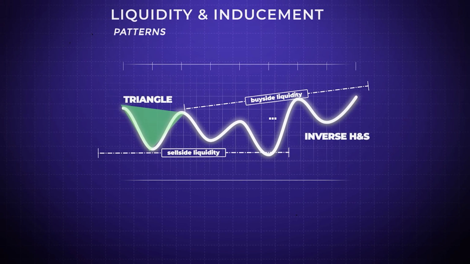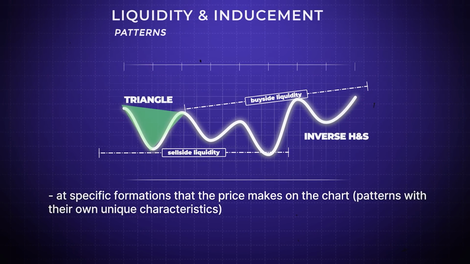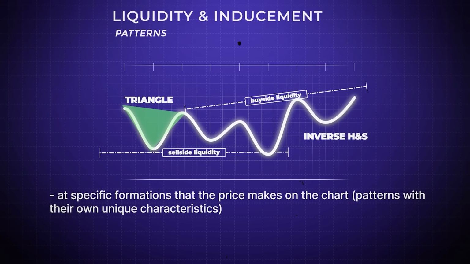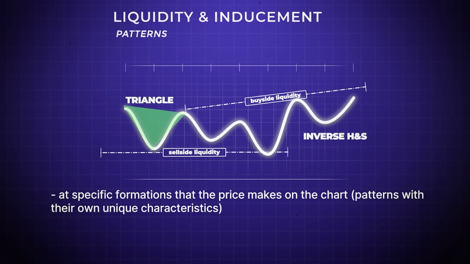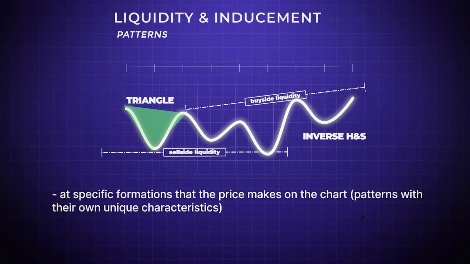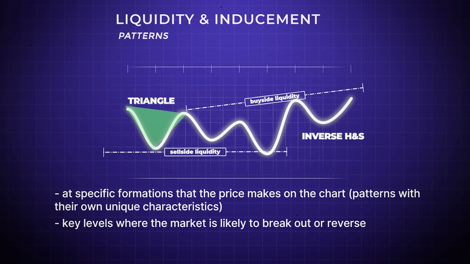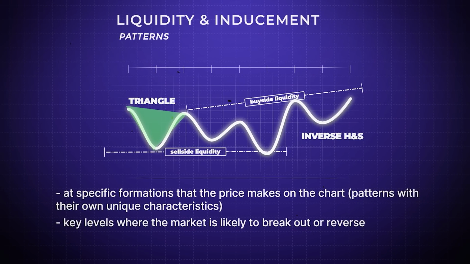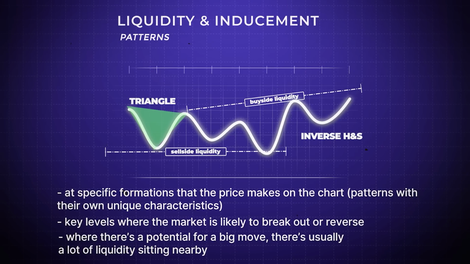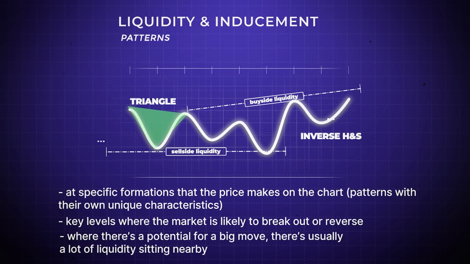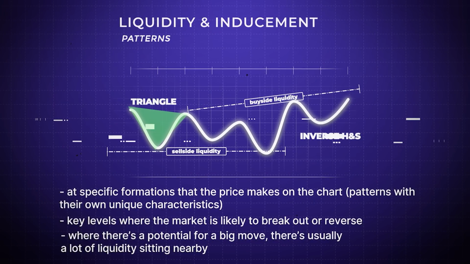These are specific formations that the price makes on the chart. Each of these patterns has its own unique characteristics, but they all have one thing in common. They are often seen as key levels where the market is likely to break out or reverse, and where there's a potential for a big move, there's usually a lot of liquidity sitting nearby.